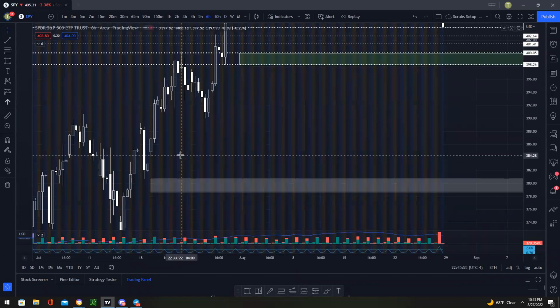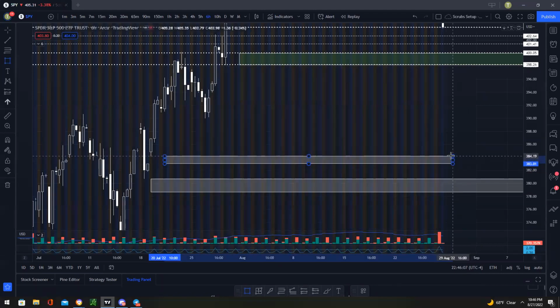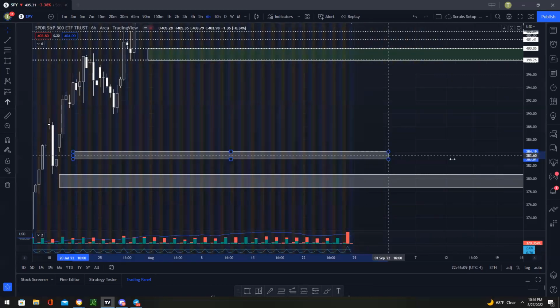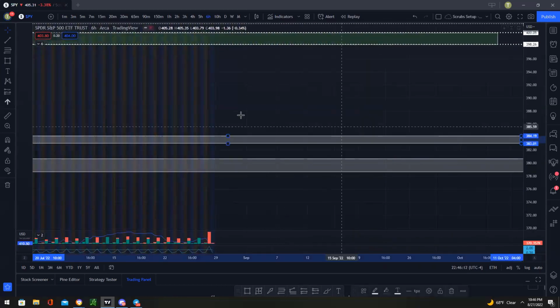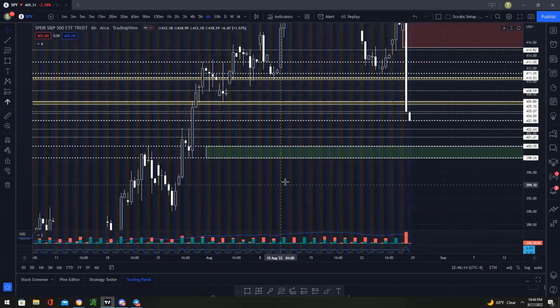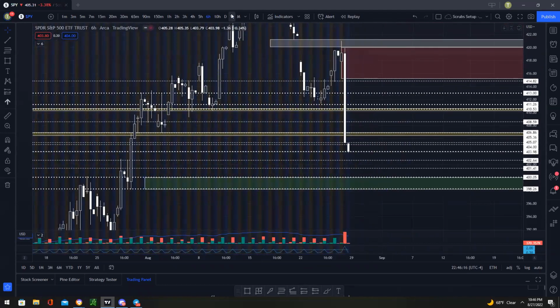Actually, here's one right here. There you go. This is a 6-hour gap fill. Look, Mr. Why do you use the 6-hour? Look at this. If you used your daily, you wouldn't have seen it. But anyway, yeah. So now we have two gaps down to fill. We know all of our areas, and that's pretty much it.